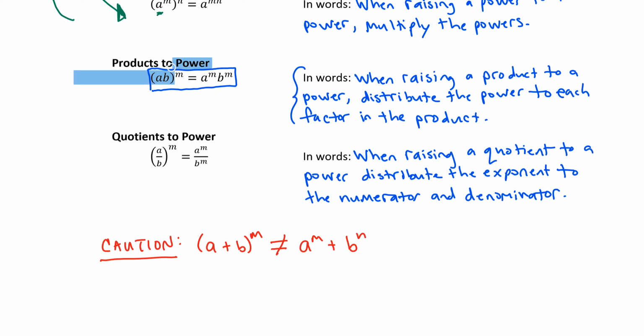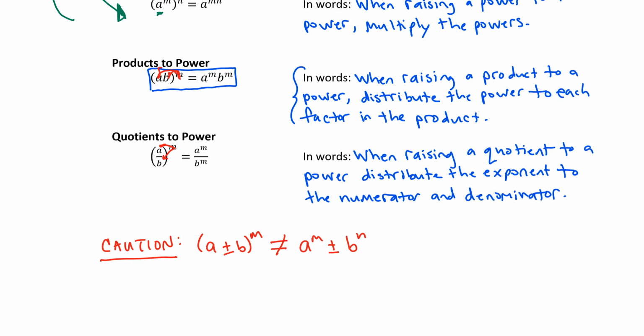We can distribute it to each factor in a product, or to each part of a fraction. But if you are adding or subtracting and you're raising that sum or difference to a power, then we cannot distribute the exponent across a sum or a difference.